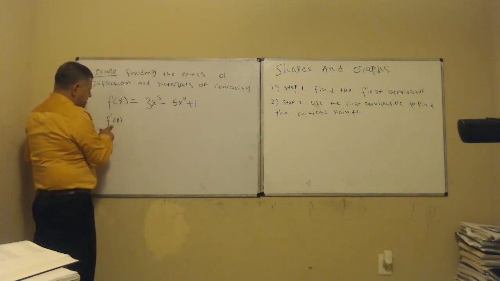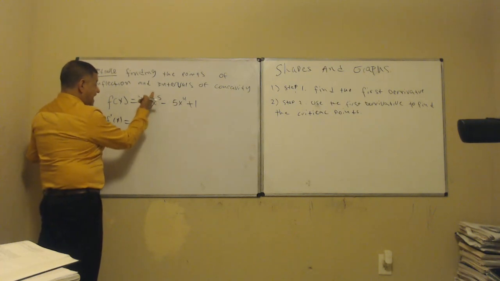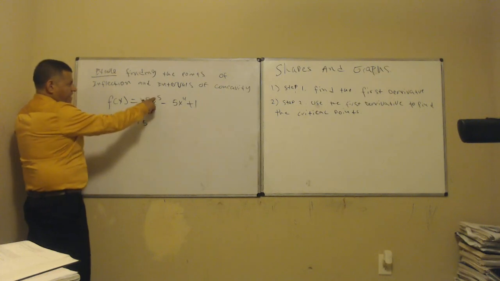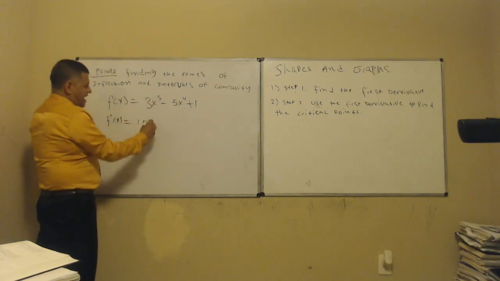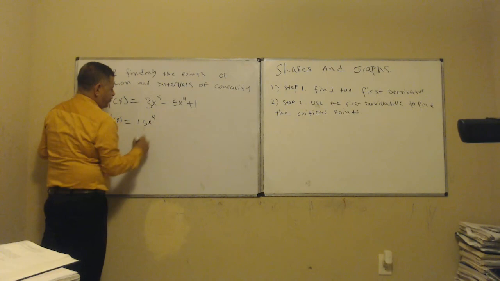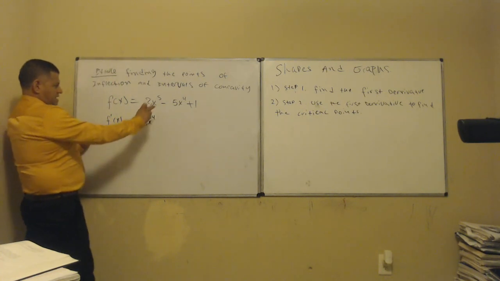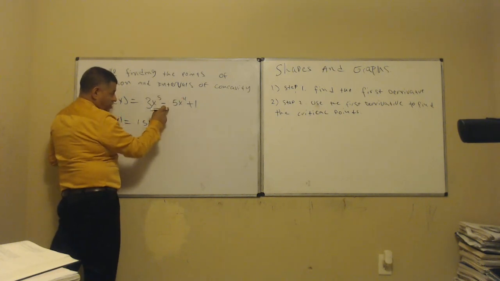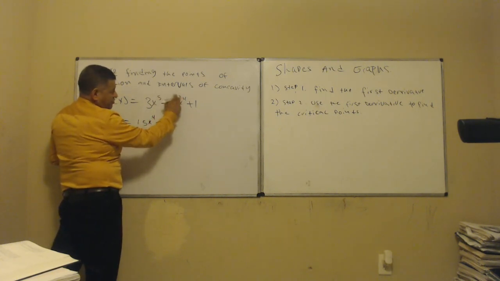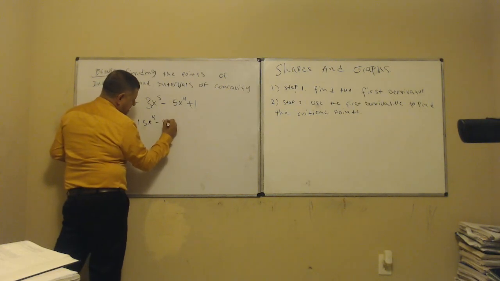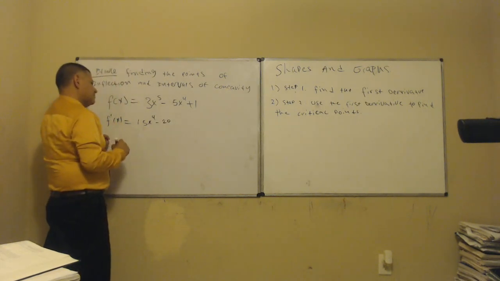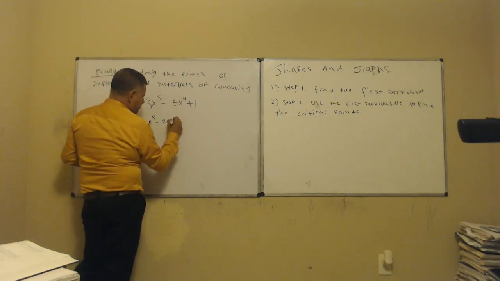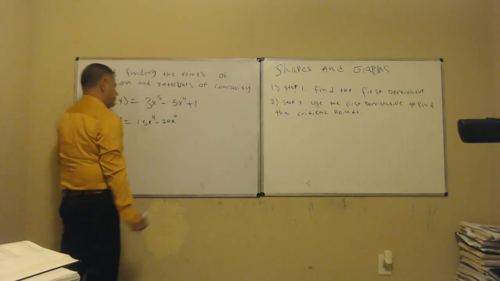F prime of x, the first derivative, is equal to 15x to the fourth. The derivative of the second term is minus, bring that to the front, multiplied by that, 20. The derivative of this is simply 0, but we have an x over here, so we put x to the third.